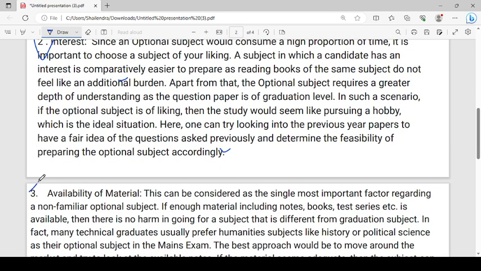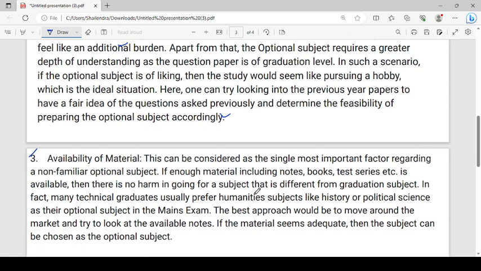थर्ड क्या बोलता है? Availability of material. This can be considered the single most important factor regarding a non-familiar optional subject. If enough material including books, notes, test series, etc. is available, then there is no harm in going for a subject that is different from the graduation subject.